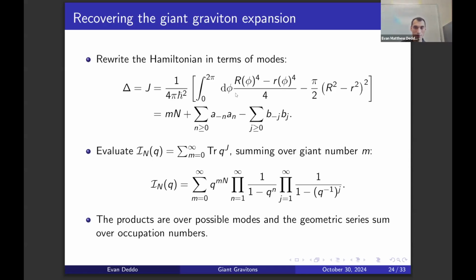And now if we plug in the modes, we find this expression. We can already see that this is giving us the ingredients for the giant graviton expansion, because this term n appears as an exponent in the expansion.